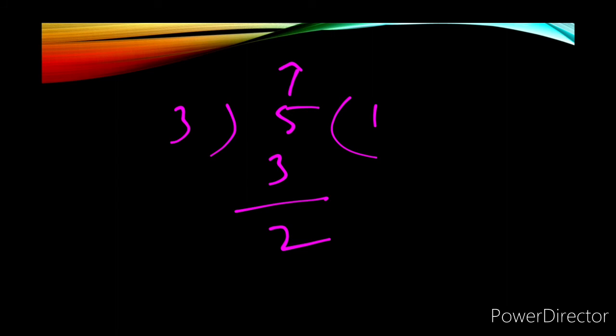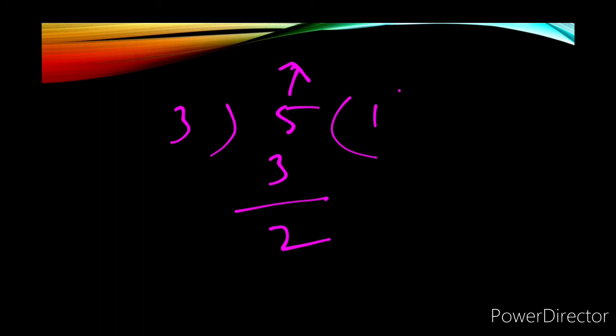Which number added to this 5 to get completely divided, which means to get remainder 0. So, which number can we add here?